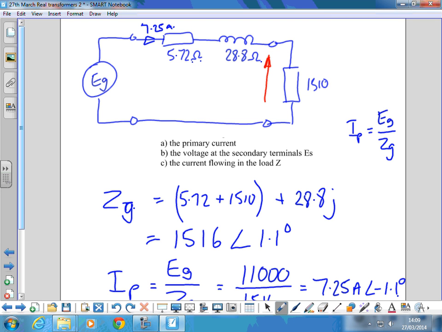Yeah, so this is E2 dash. We can calculate it here, but to get its real value at the secondary terminals, we've got to transfer it back to the secondary side. Don't forget that.